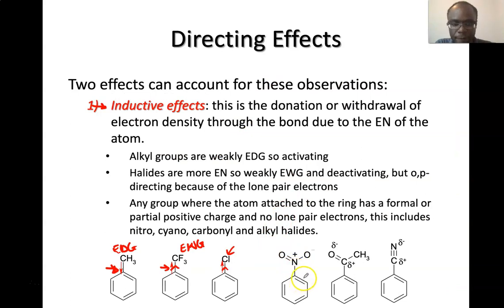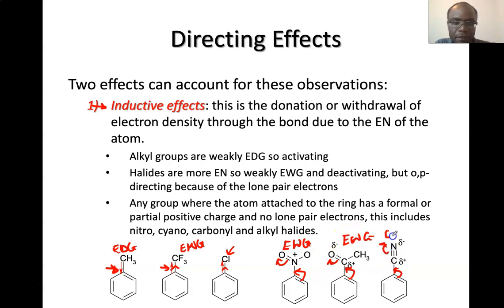So here you can push electrons by resonance, which makes nitro a very strong electron withdrawing group. This one, same thing. This one, same thing. You're pulling electrons out of the ring by resonance.